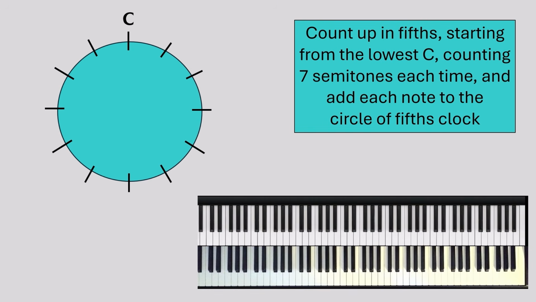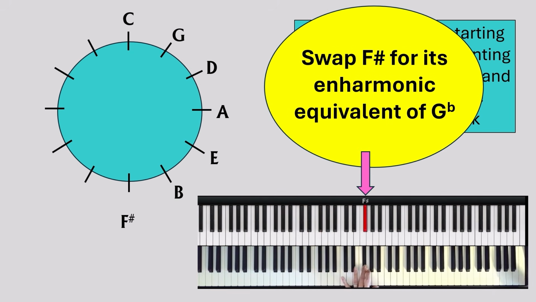Count up in fifths starting from the lowest C, counting 7 semitones each time, and add each note to the circle of fifths clock. At this point, swap F sharp for its enharmonic equivalent of G flat.